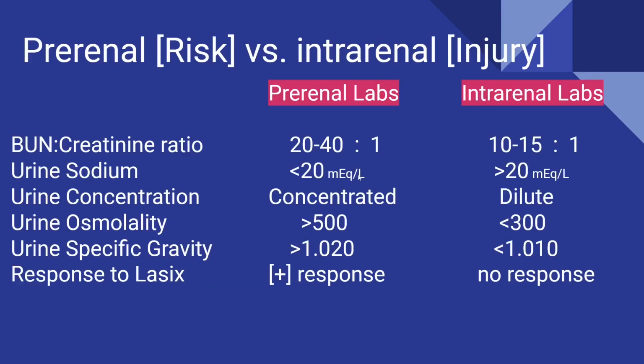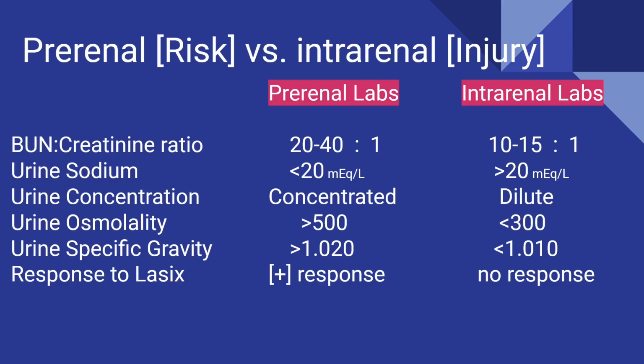When we start to look at the differences between pre-renal, which is a risk for injury, versus intrarenal failure, which is actual injury, we have to start by looking at the labs. One of the big things that we look at is this ratio of BUN to creatinine. What we would expect is for creatinine to be 1 and BUN to be 20.